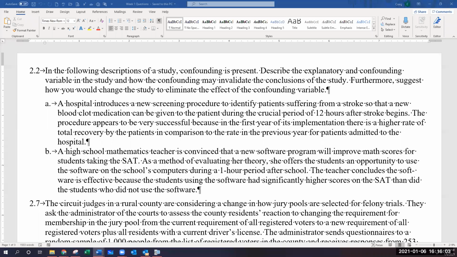The screening procedure is too vague, so let's look at what we are really studying. What are we really looking at to see has an effect? And it's the new blood clot medication, which is part of the new screening procedure. So you're not necessarily wrong, you're just not specific enough, if that makes sense.